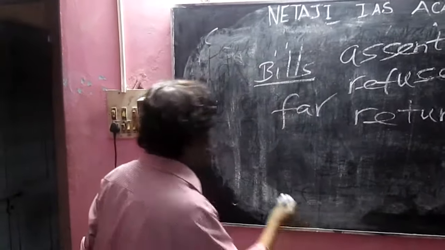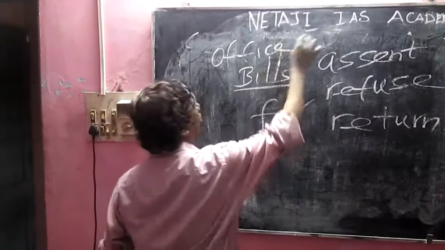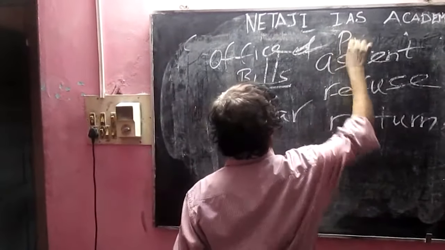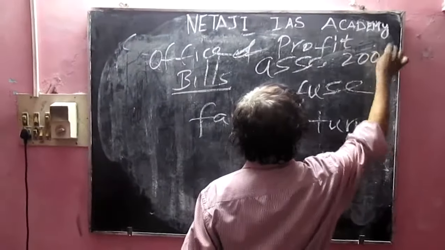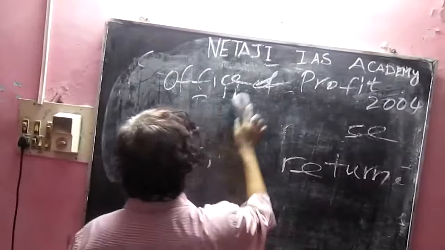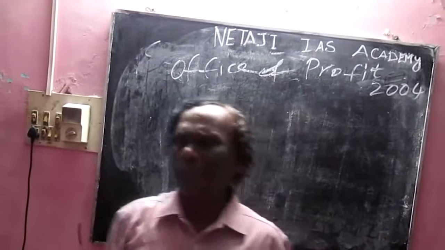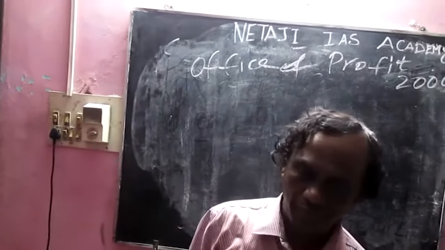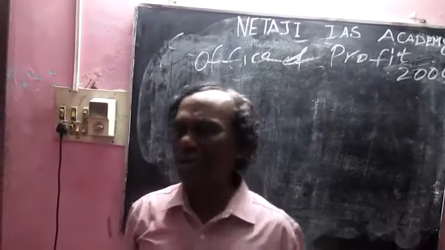It was the Office of Profit Bill, 2004. At that time, the President was APJ Abdul Kalam, and the Prime Minister, Dr. Manmohan Singh.